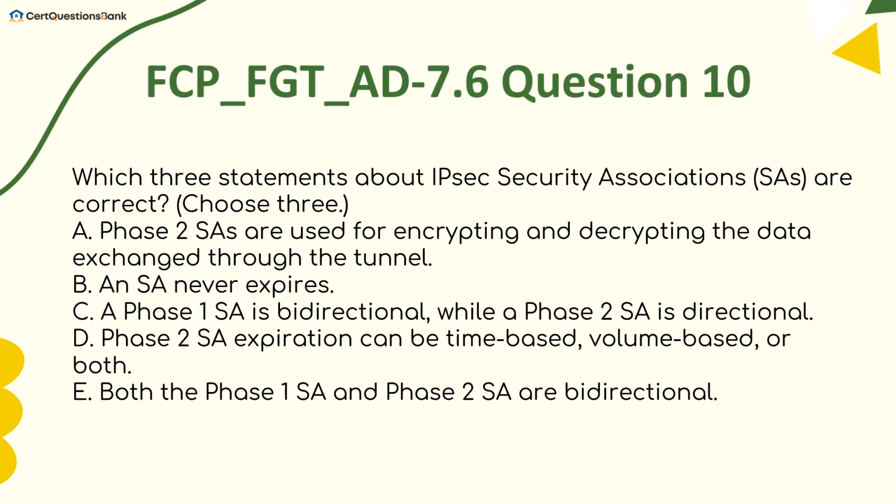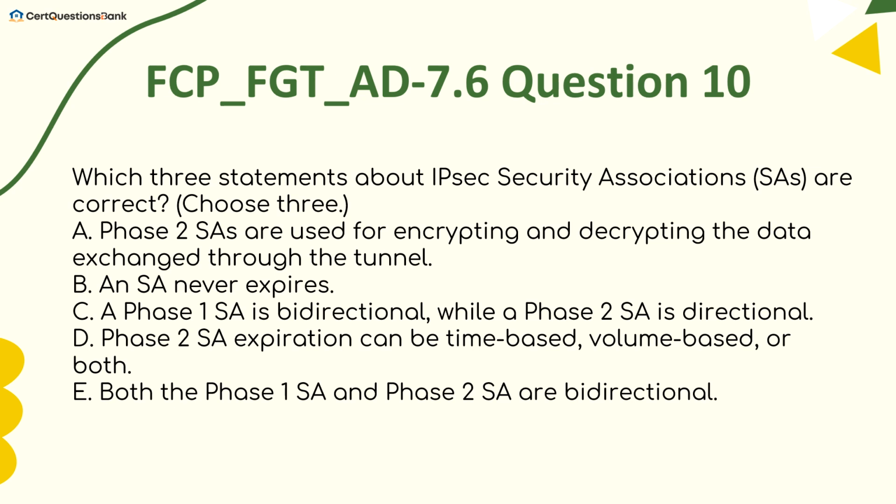Which three statements about IPsec security associations, SAs, are correct? Choose 3. A. Phase 2 SAs are used for encrypting and decrypting the data exchanged through the tunnel. B. An SA never expires.